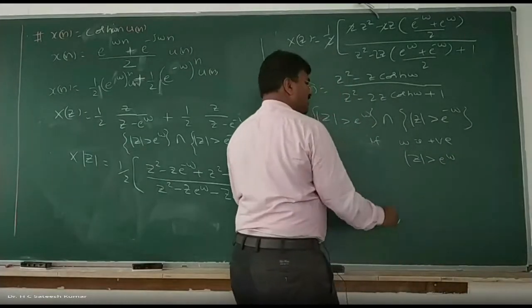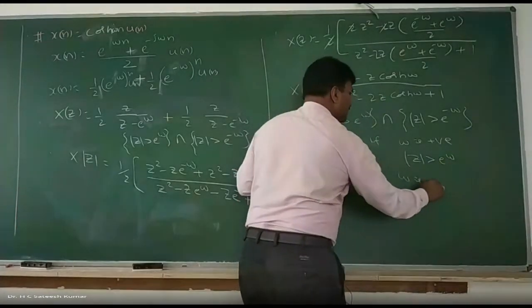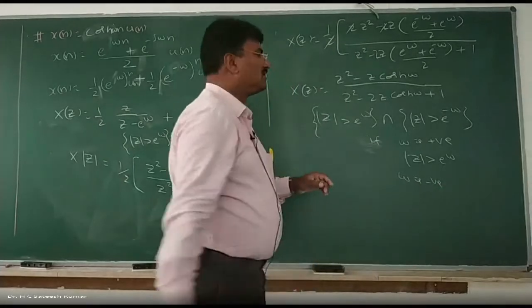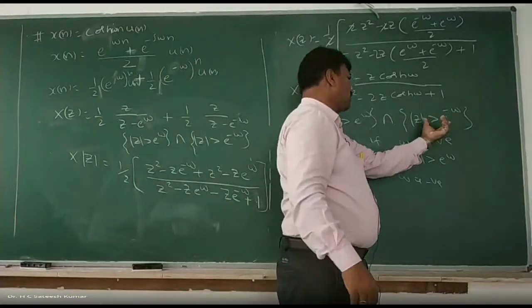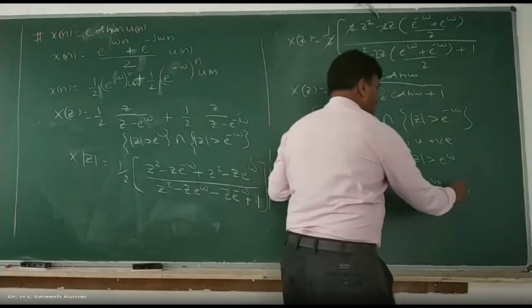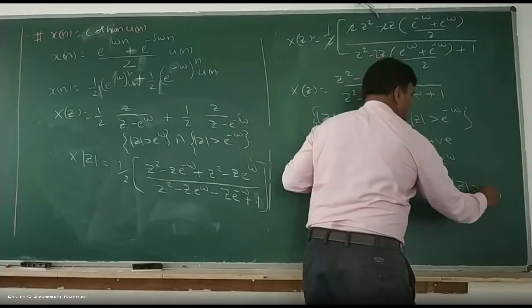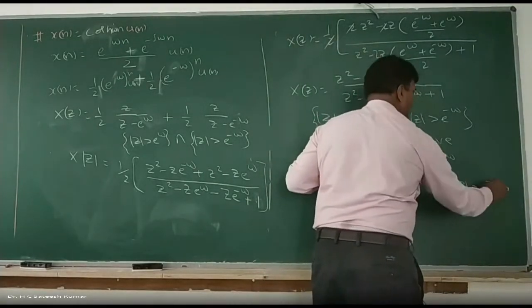If omega is negative, then negative of negative becomes positive. Therefore, ROC is mod z greater than e to the power of minus omega, you will get it.